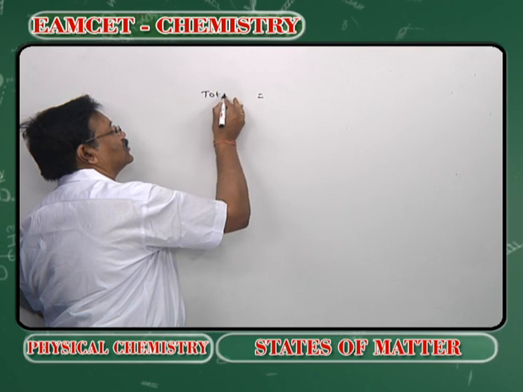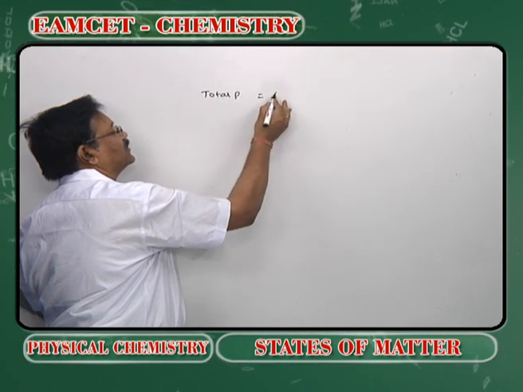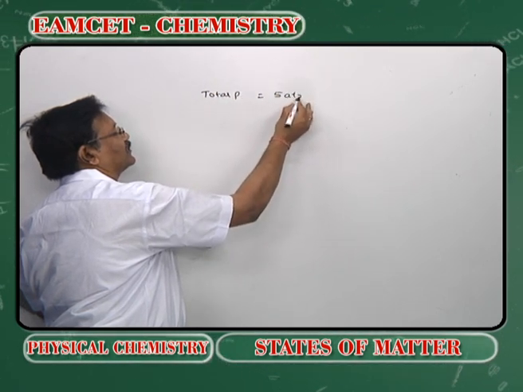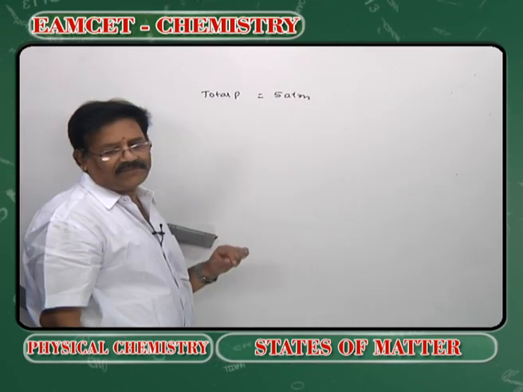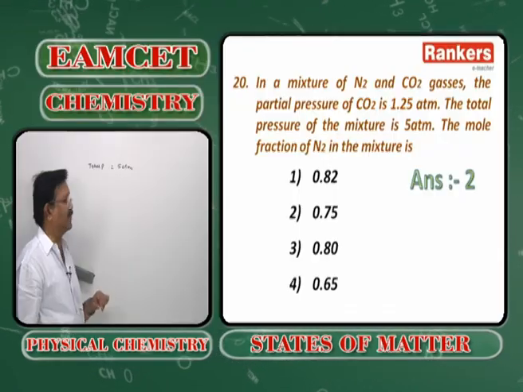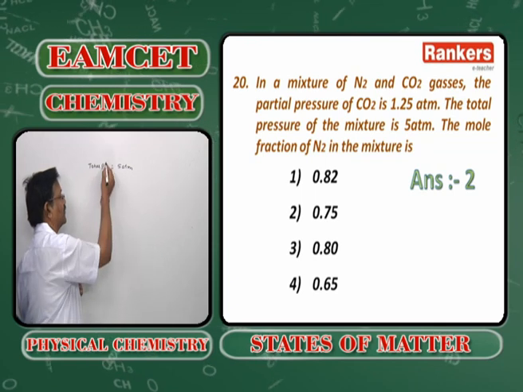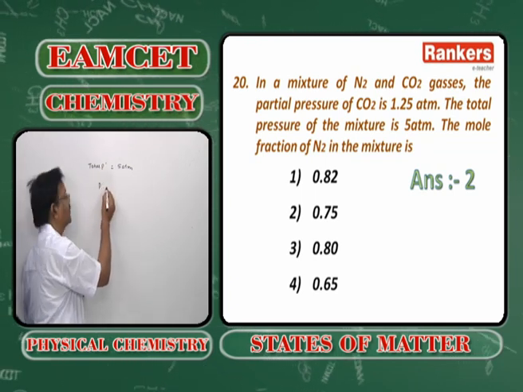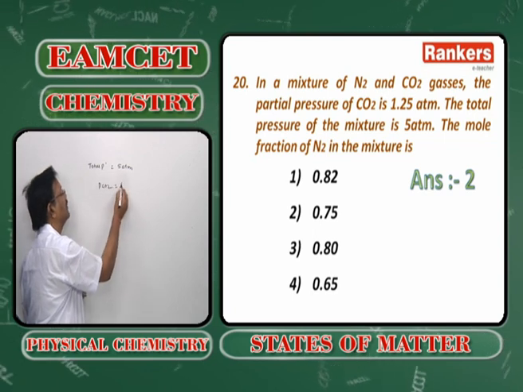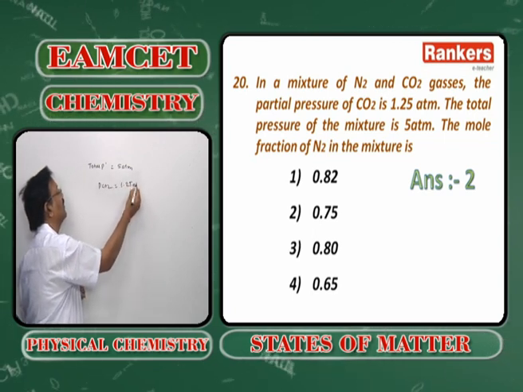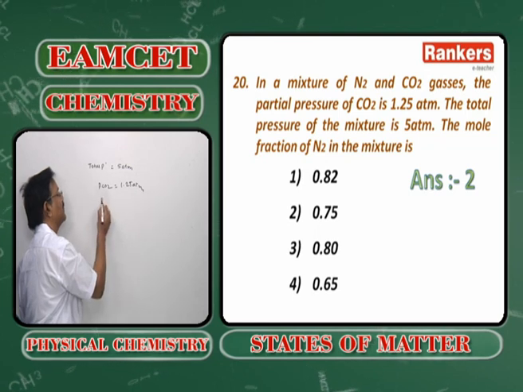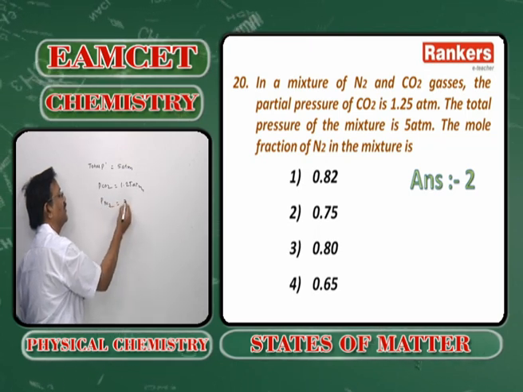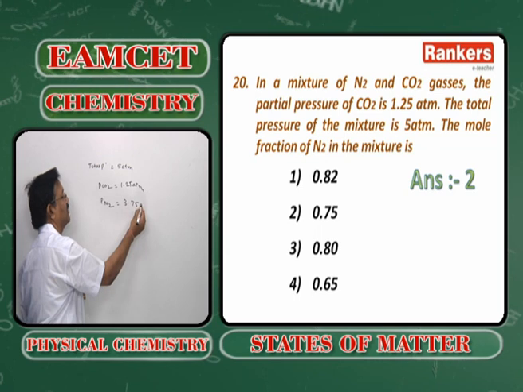Total pressure is 5 atmospheres. Partial pressure due to CO2 is 1.25 atmospheres. Partial pressure of the nitrogen will be 3.75 atmospheres.